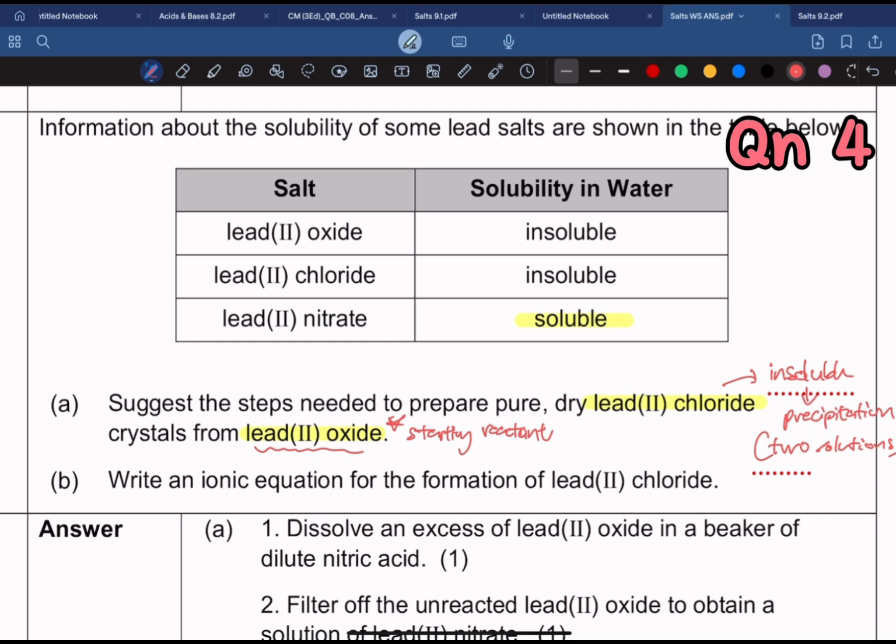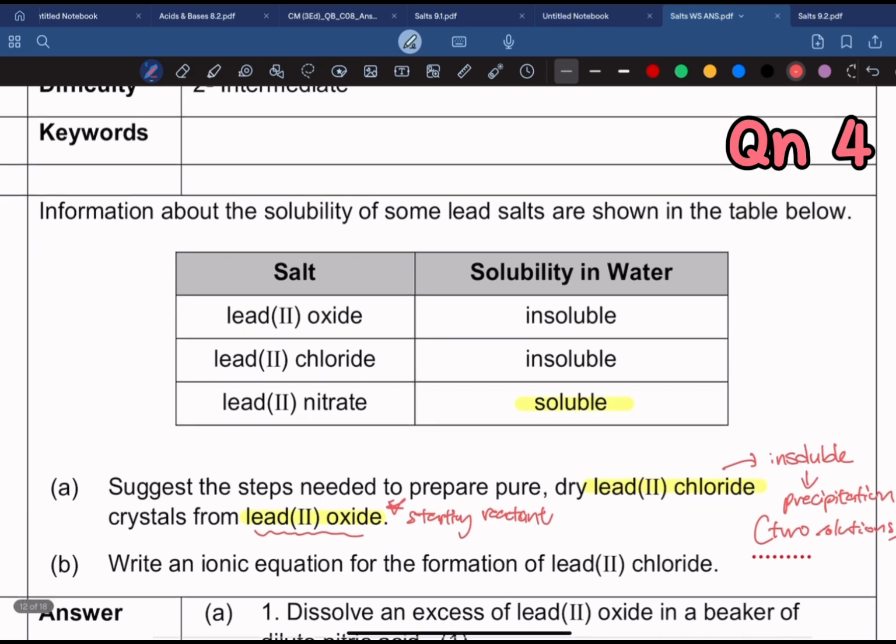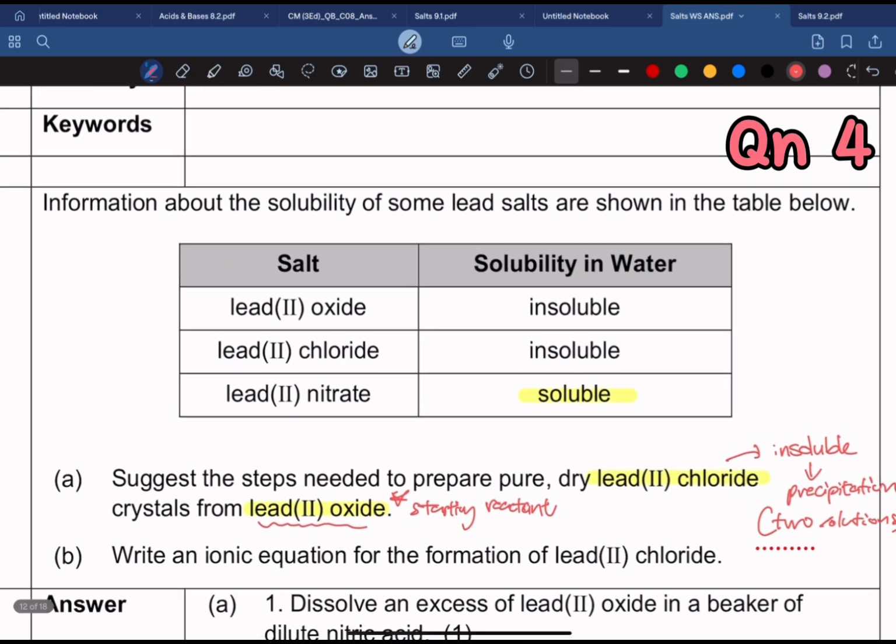Okay, so here, many of you are jumping the gun, so to put it. Right away, you saw lead(II) oxide, I need to prepare lead(II) chloride. I'll just add acid, right? Lead(II) oxide is a base, plus acid will give me lead(II) chloride straight away.